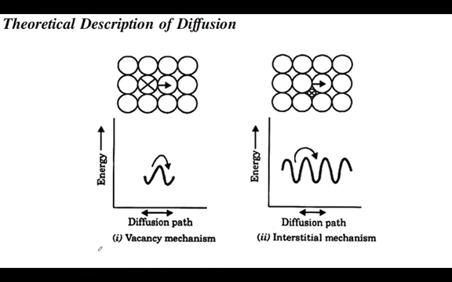Now what happens when you introduce the dopant atom into the silicon? I have discussed this earlier: when it diffuses, this atom has to move and replace some of the silicon atoms, so it has to diffuse inside the material, and it comes across some kind of energy barrier, which is normally called the activation energy, right, which you know.